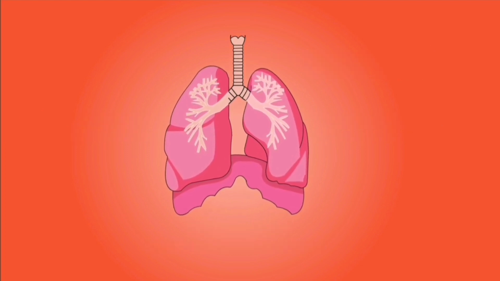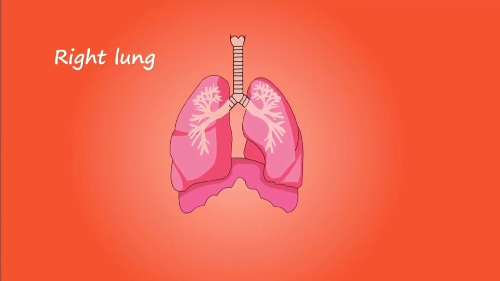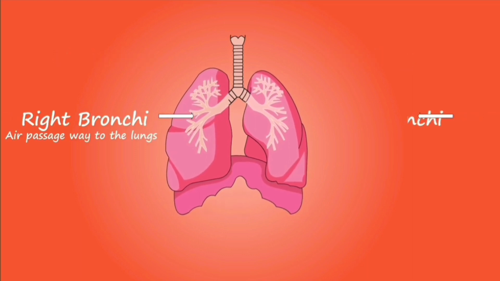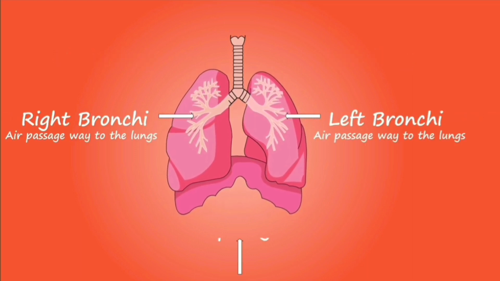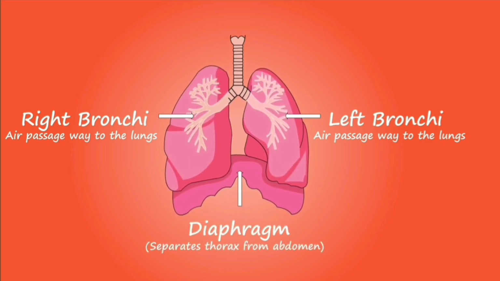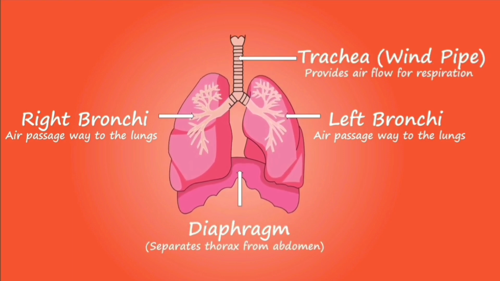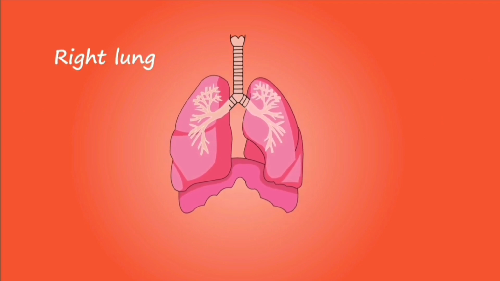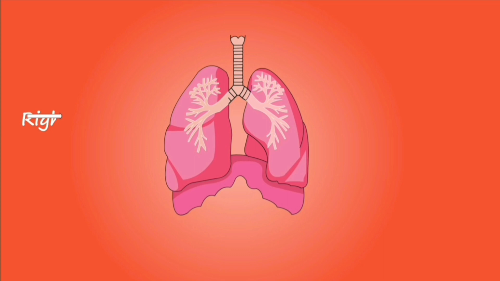The second step of respiration happens in the alveoli. In the alveoli, the exchange of gases takes place. That is, O2 is taken in and the CO2 is given out by the blood. In the third step of respiration, the CO2 collected in the alveoli is removed by the lungs by the act of expiration.